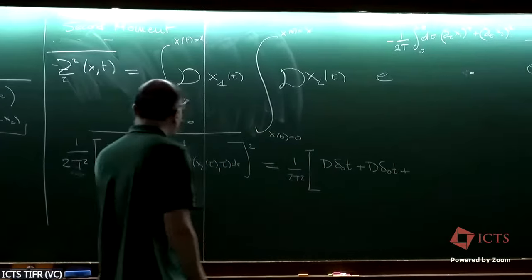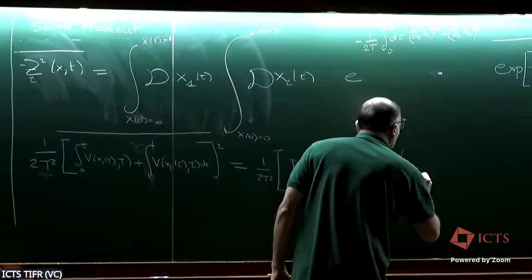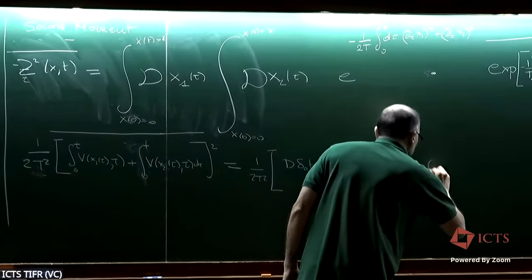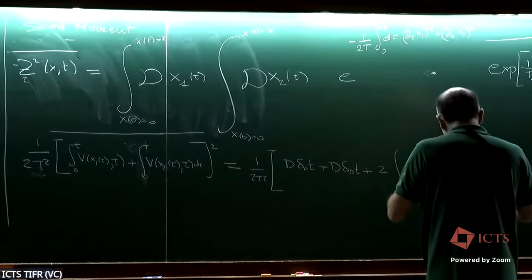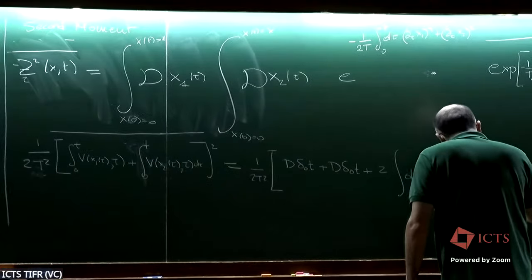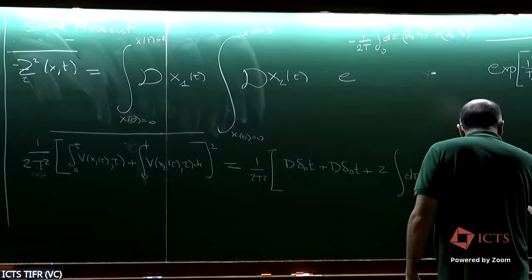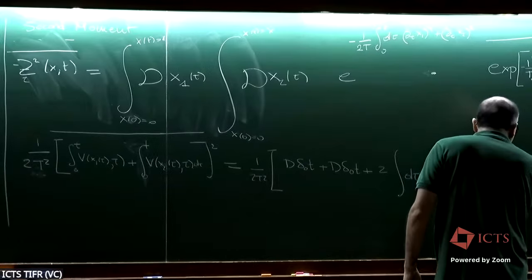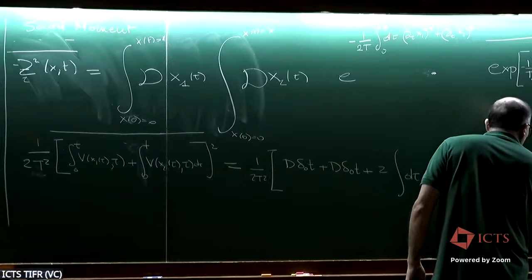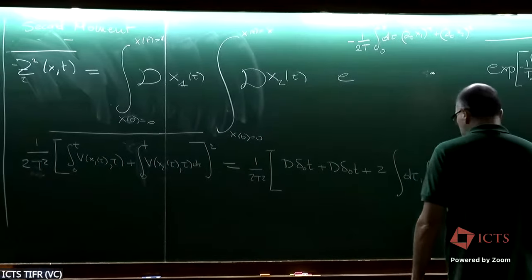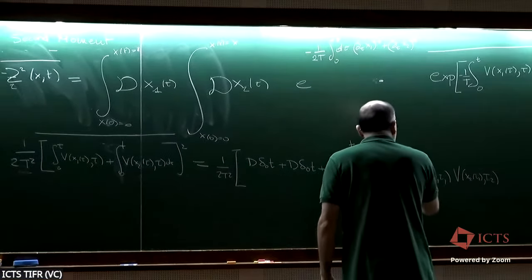Now what is different is the double product. Because now I have d tau 1, d tau 2, and then I have now two different replicas, v x1 tau 1, v x2 tau 2, from 0 to t, and now I take the average.